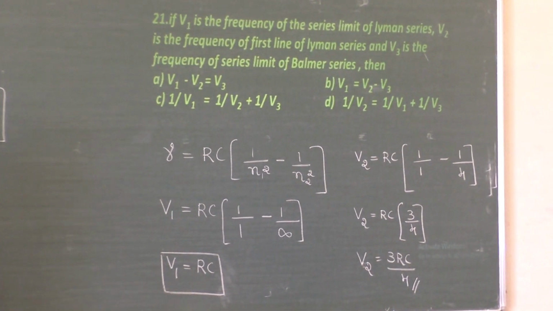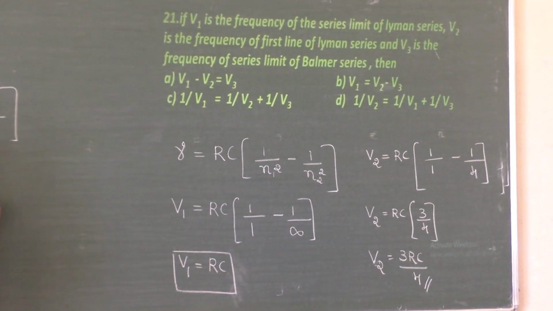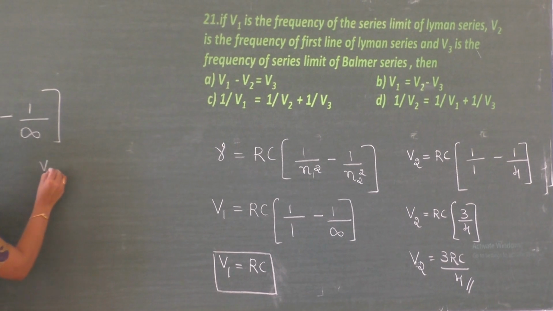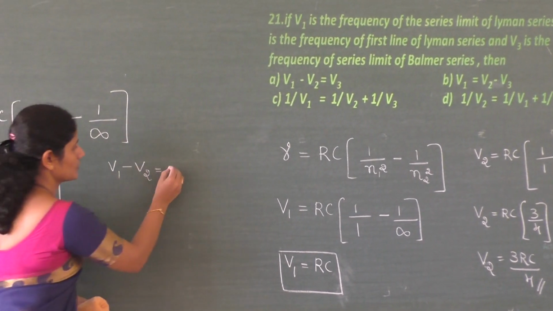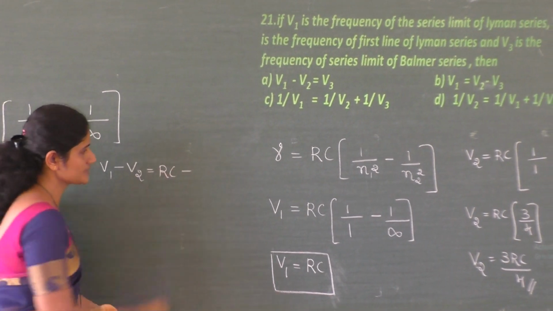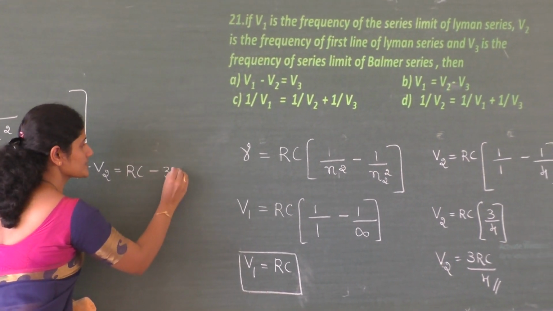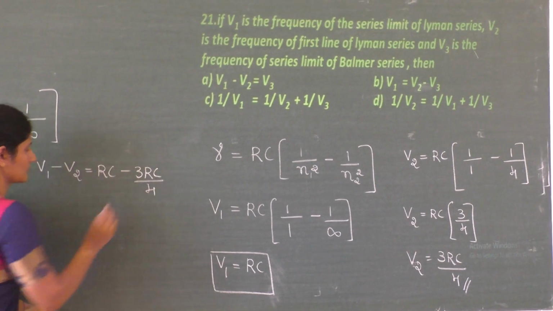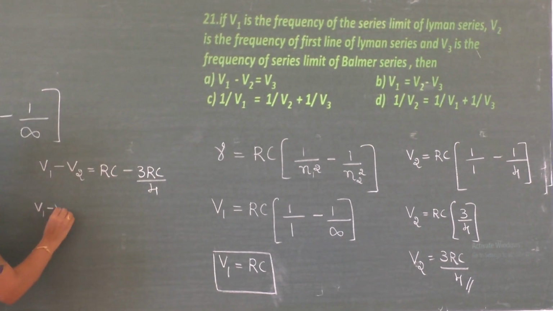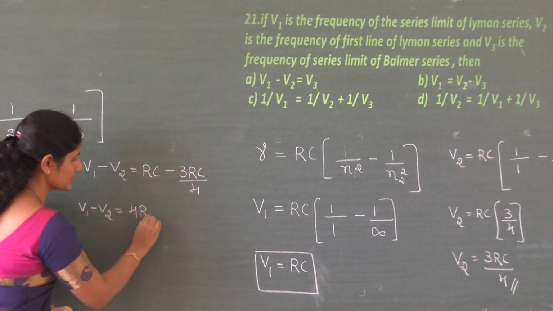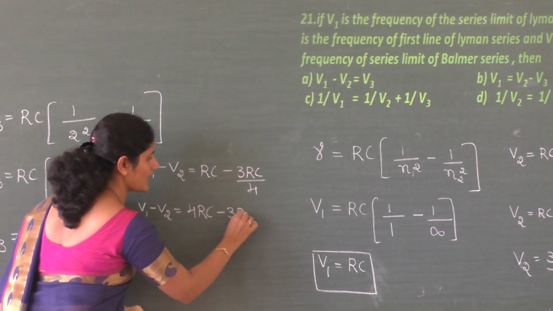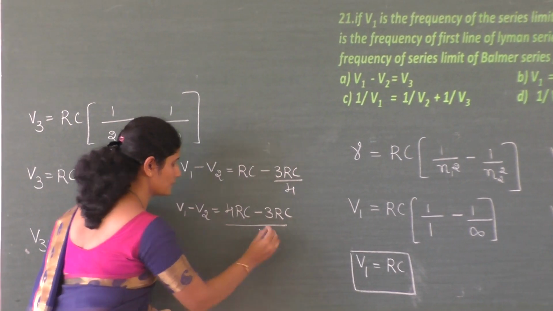So V1 minus V2 is equal to RC minus 3RC by 4. V1 minus V2 is equal to 4RC minus 3RC divided by 4.